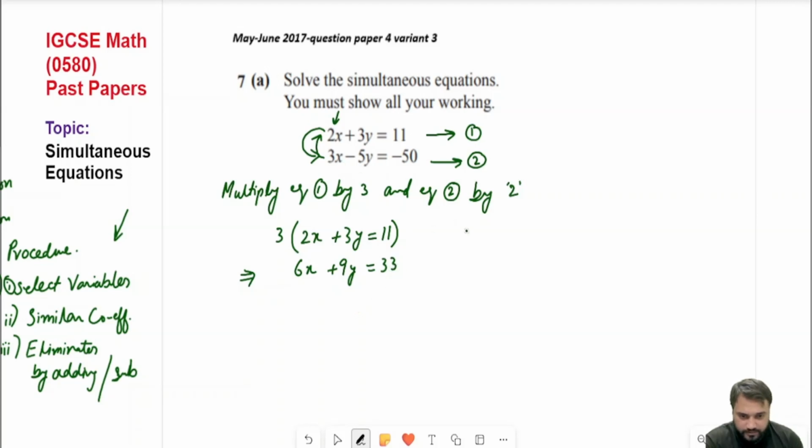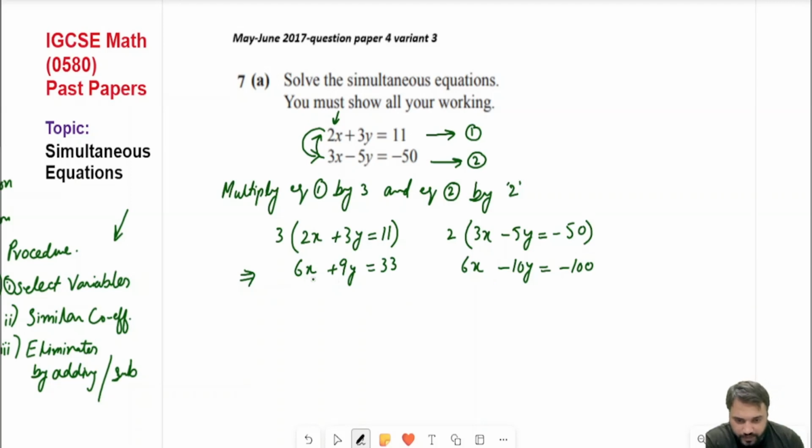After that, equation 2 by 2. So here 2 times equation 2, which is 3x minus 5y is equal to minus 50. 2 3s are 6x, 2 5s are 10, and 2 times minus 50 is minus 100.